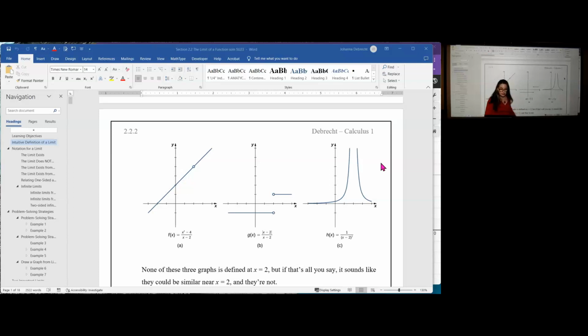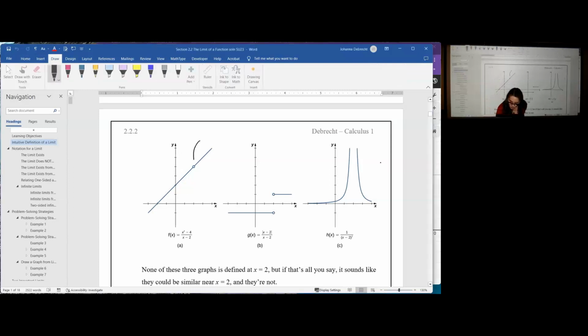You can see right here that we have a hole at x equals 2. Now, what is the limit at that particular point? Well, when we're looking at the limit, we're talking about coming from the right side, as the x values get closer and closer to 2 down here. x comes close to 2 from the right.